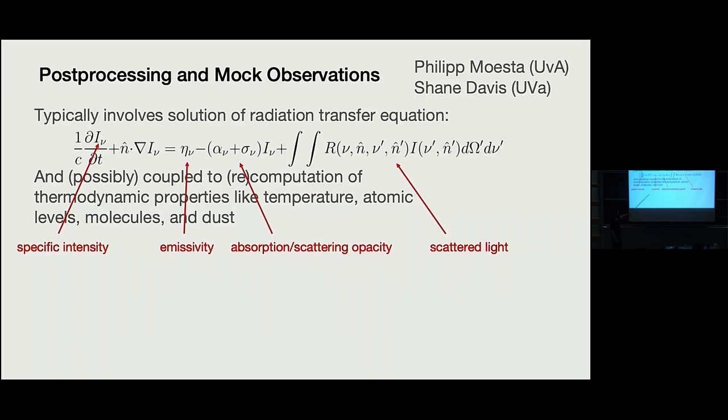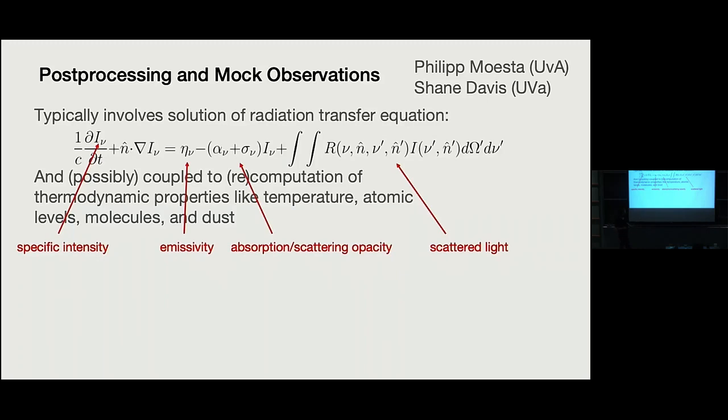This is a fairly easy equation to solve if it's just a function of simple properties like the gas density and temperature, which is what you have with local thermodynamic equilibrium and simple opacities, and you don't have the scattering term. Then you can just solve this equation along individual rays, which is basically solving an ordinary differential equation.